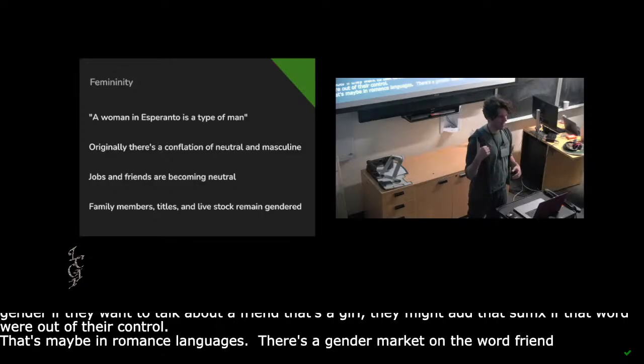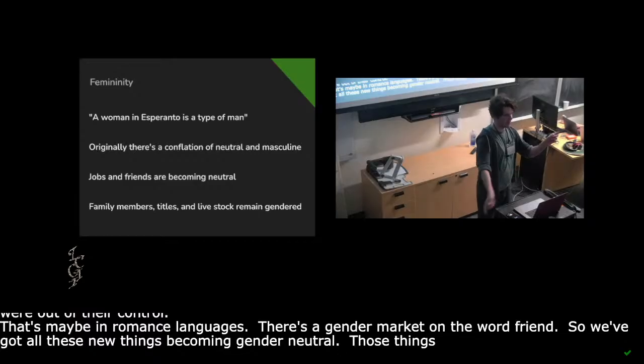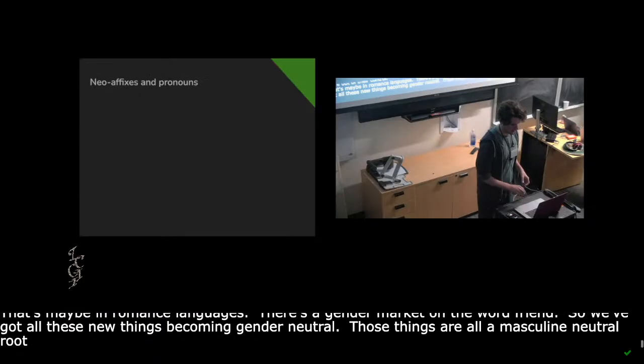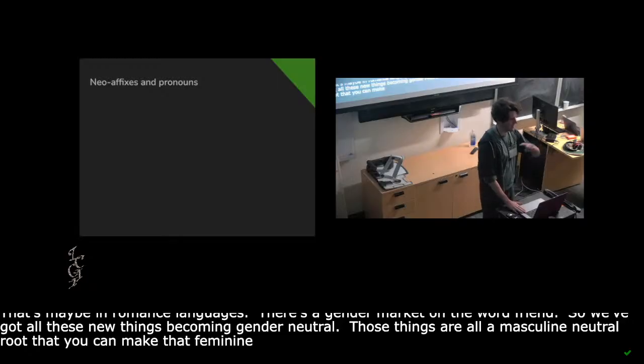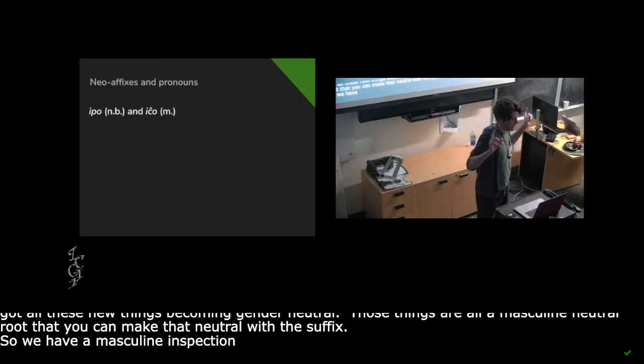But even with all of these new things becoming gender neutral, we still have family members' titles and livestock where there's not really a good alternative that is already accepted. Those are all masculine-neutral roots that you can make feminine with a suffix. So there are alternatives though. We've got a masculine suffix to make things symmetrical, and a non-binary suffix as well.